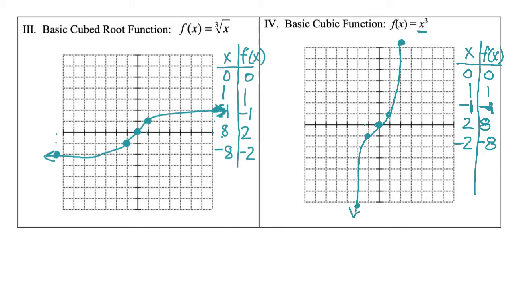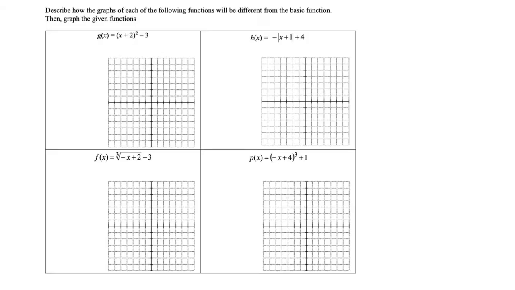Alright, so we have some more good basic graphs, and we have some good basic T-charts with this. And now we're ready to go ahead and do some swapping around with it and some function transformation.